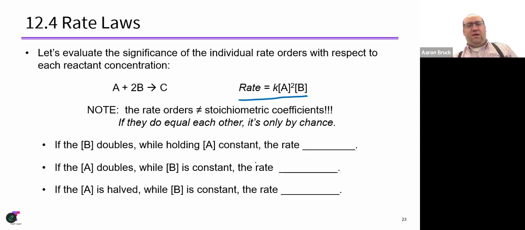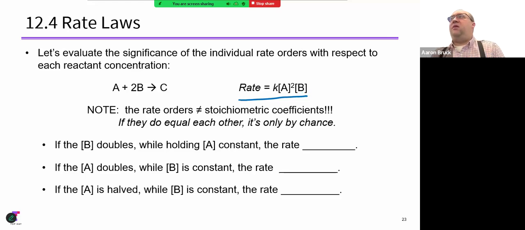So for example, if I hold A constant, but double the B, what is the expectation for what happens to the rate? Well, I need to look at the rate law. The rate law says that B is first order. So since B is first order, we know that the relationship is linear.